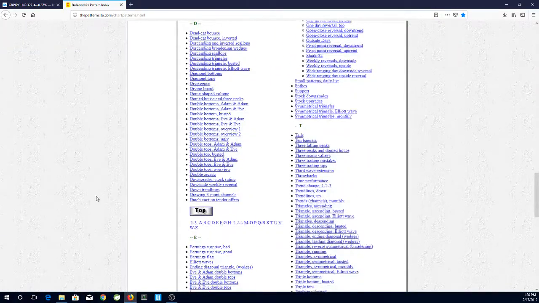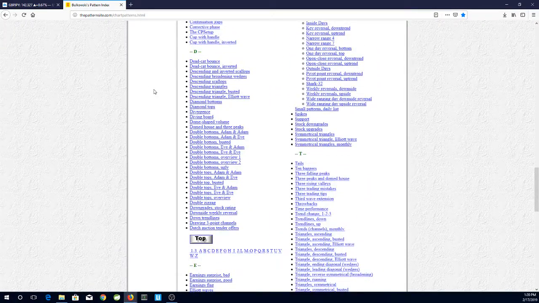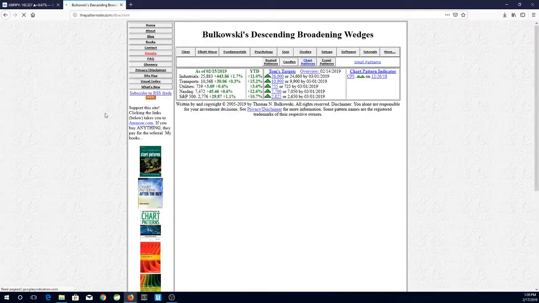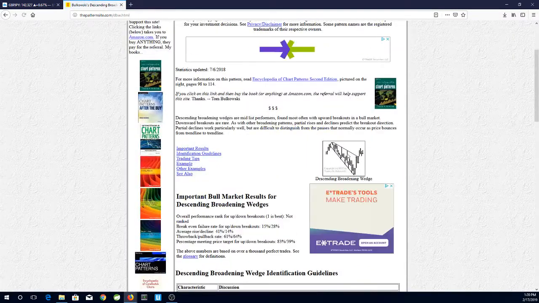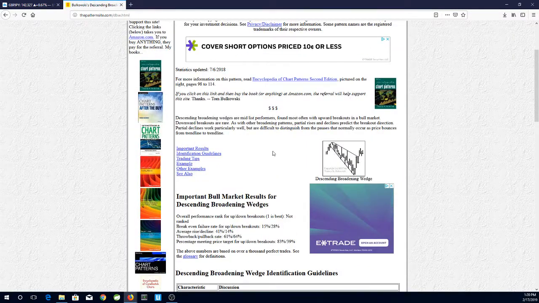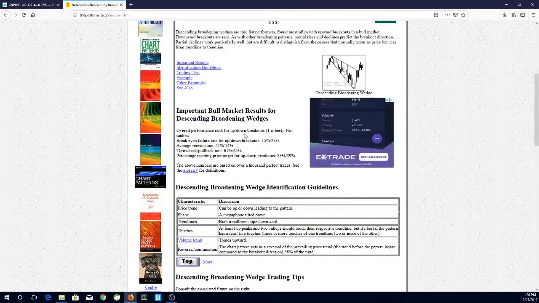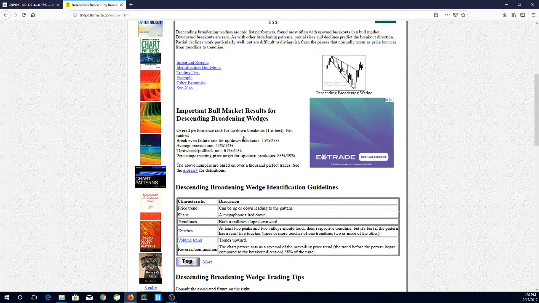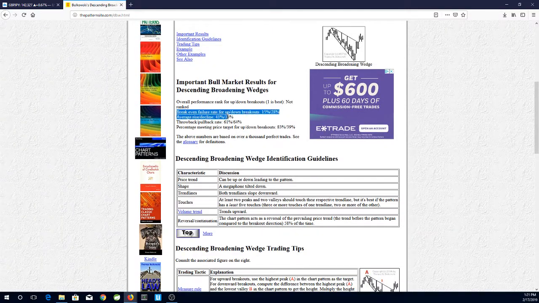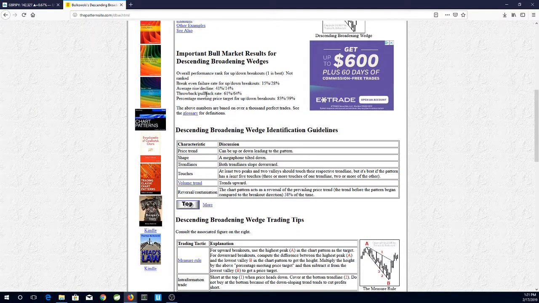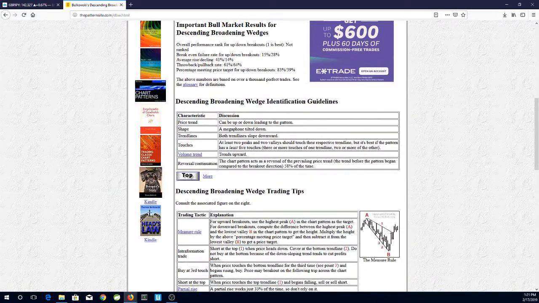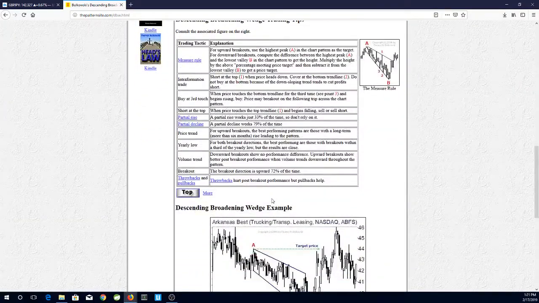So anyway, my point of coming down in here was that there is something called a descending and ascending broadening wedge, like this. And if you recall from our chart over there, there was definitely a descending broadening wedge, and there are some statistics here that he's gathered that are useful.